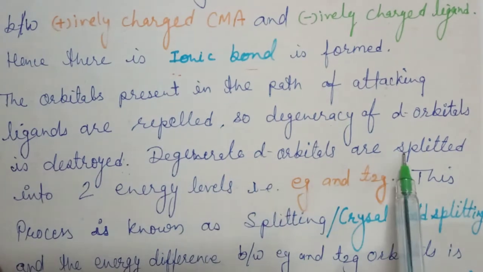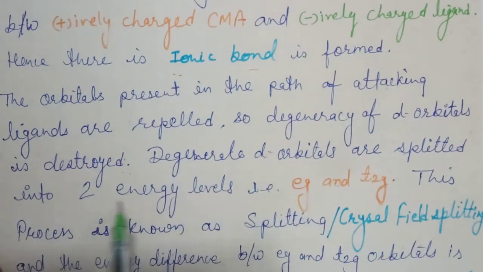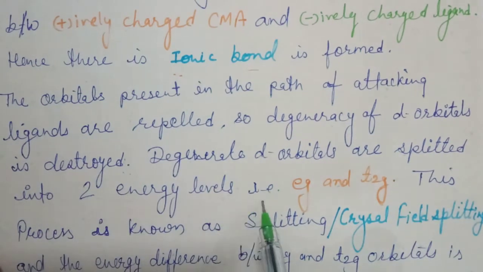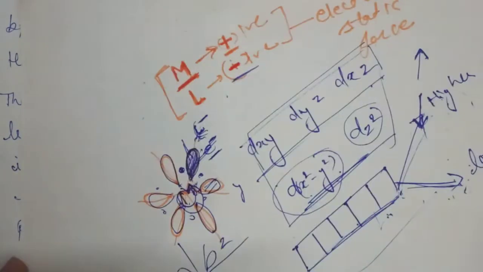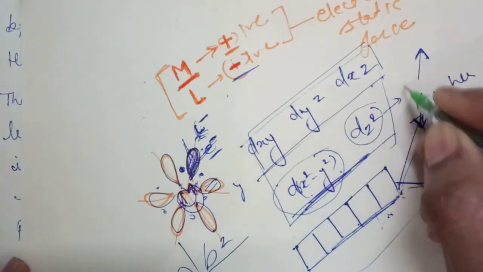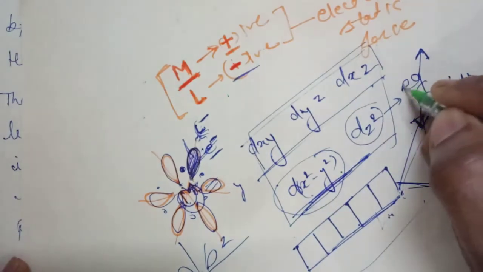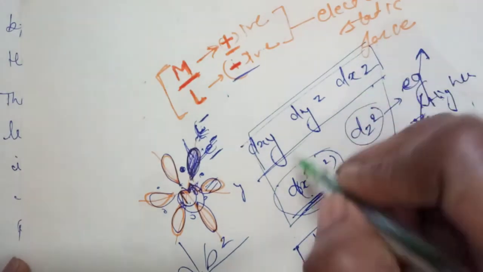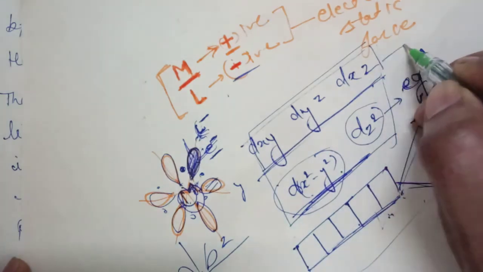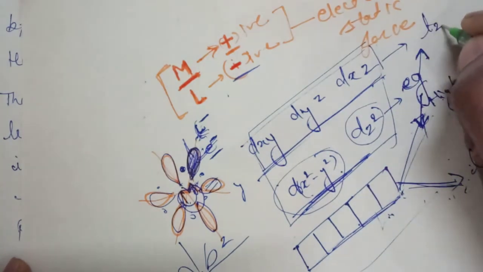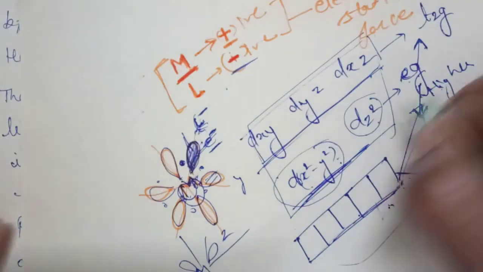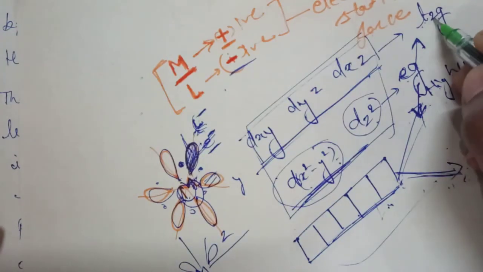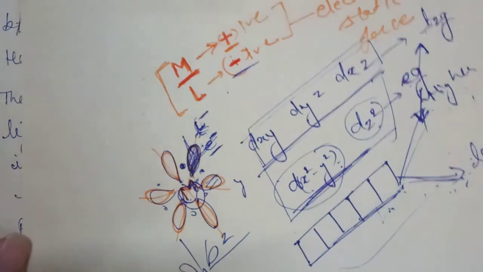Degenerate d orbitals are split into two energy levels, that are Eg and T2g. Two orbitals that are present on the axes are known as Eg, small e, small g, Eg orbitals, and the three orbitals present between the axes are known as T2g orbitals. There are two letters, E g, and two orbitals. There are three letters, T 2g, means three orbitals are present.